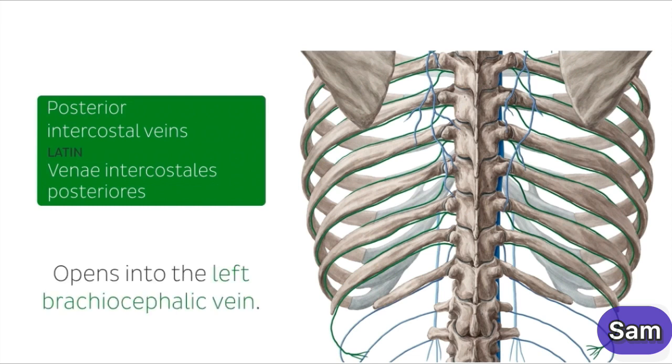Although it does not open directly into the azygos vein, the left superior intercostal vein is still considered a part of the azygos venous system, as we saw at the beginning of this tutorial. The right intercostal vein also drains the 2nd, 3rd, and 4th posterior intercostal spaces on the right side. However, unlike its counterpart on the left side, the right superior intercostal vein opens directly into the azygos vein.